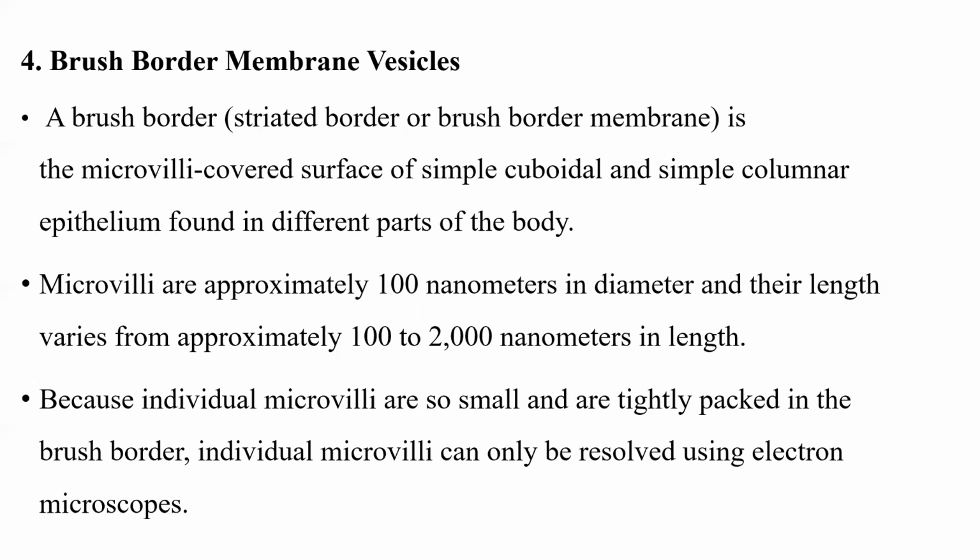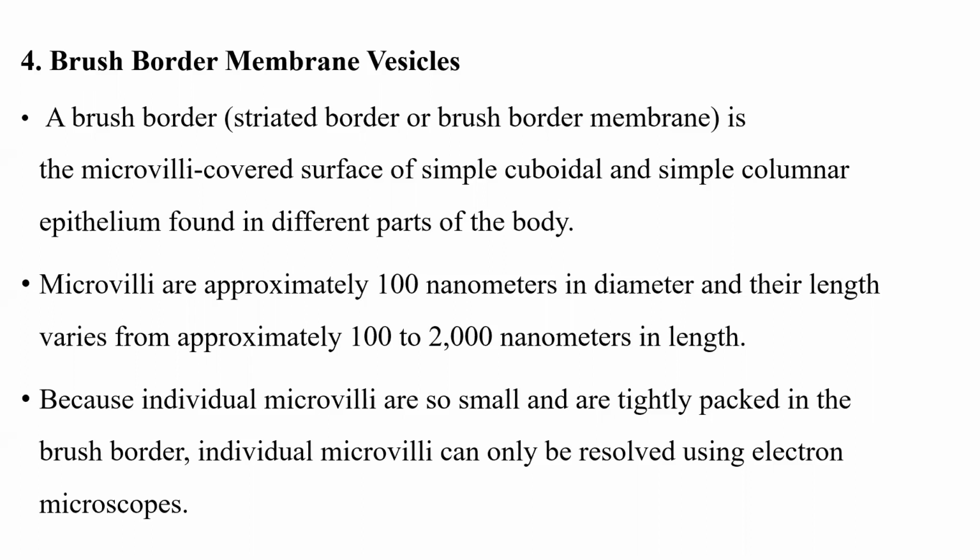The brush border membrane vesicle is also called a striated border or brush border membrane. It consists of round shaped microvilli, which have tight junctions between them. This brush border covers the surface of simple cuboidal epithelium and simple columnar epithelium, which is found in different parts of the body.